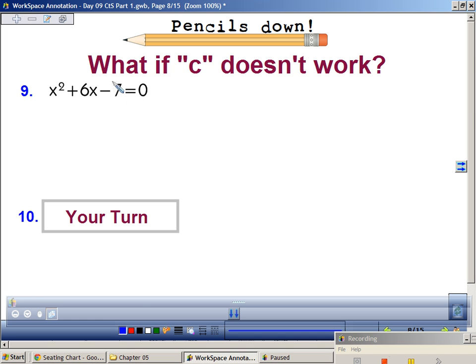Okay, so I don't want the negative 7. I'd rather make it 9, right? So I'm going to move 7 to the other side. So I have x squared plus 6x equals.